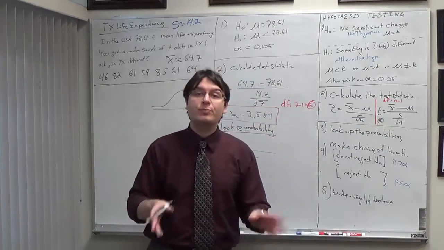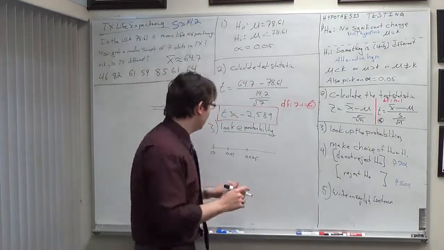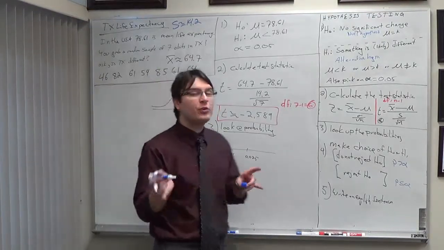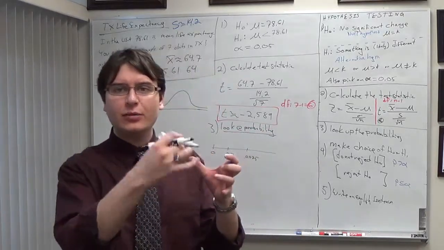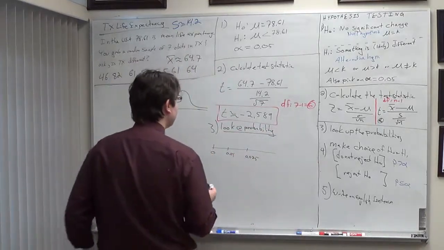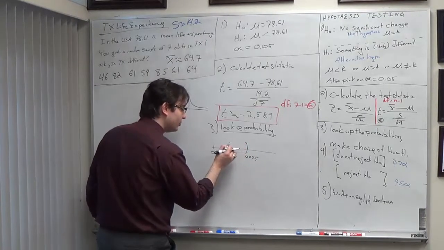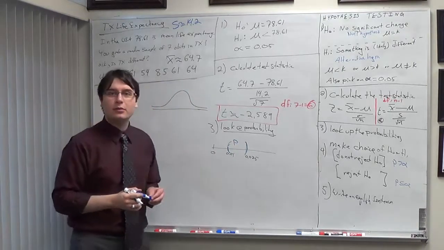Here's the difference between technology like a program or Excel and looking things up in a chart. For z-scores, we've been able to get a pretty accurate area on the z-chart. But for t-scores, what we get instead is a little bit of a range. P lives somewhere in here.